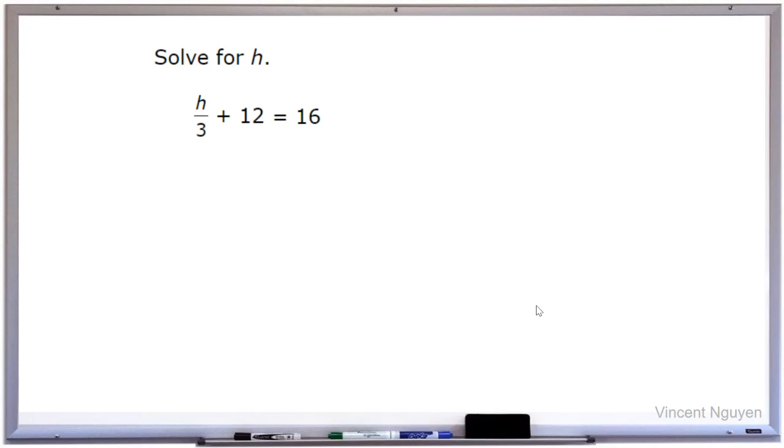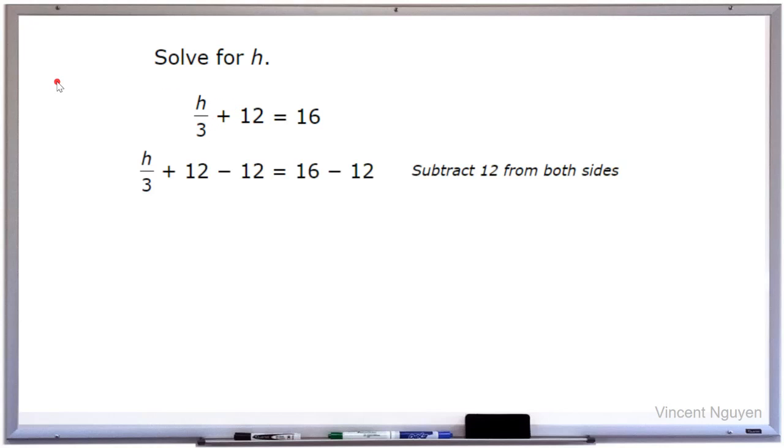Because we are getting h by itself, the best thing to do is to get rid of 12 first, because 12 is separated from h, so it's the easiest thing to remove. We're going to use inverse operation to undo this plus. So we subtract 12 from both sides.